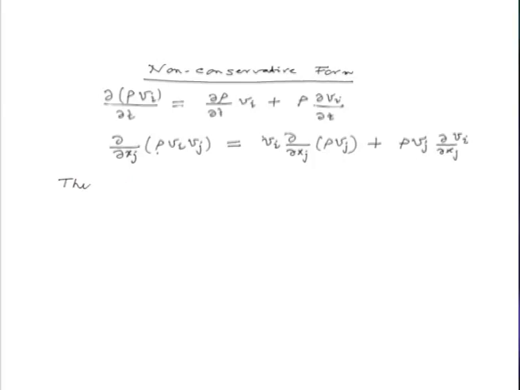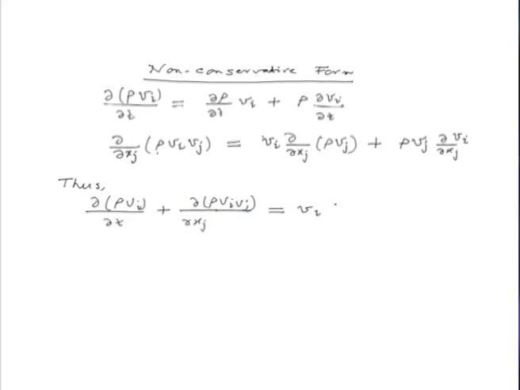So thus the sum of these 2 terms, del of rho vi over del t plus del over del xj of rho vi vj, this can be expressed as, let us first take vi common.